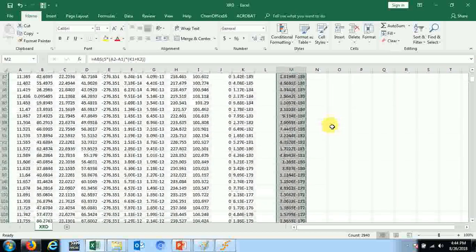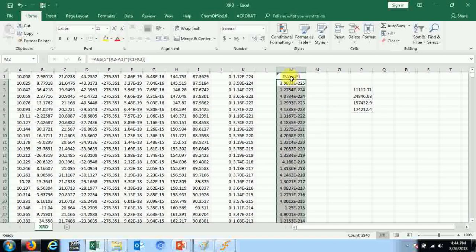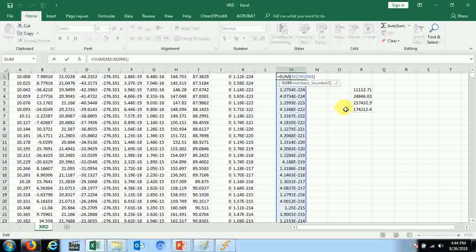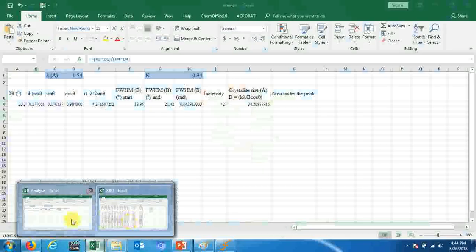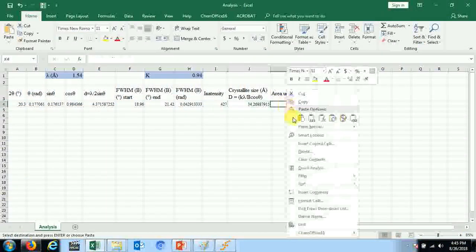Here also the values are so low that the total value is negligible. For the first 4 peaks, we could calculate the areas under the peak.